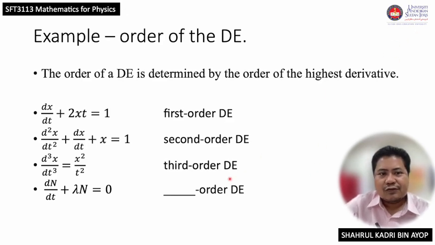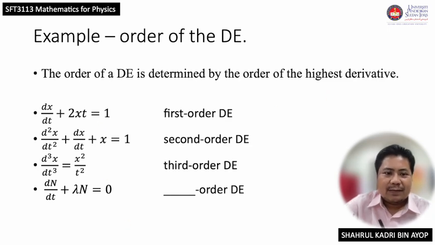Okay, let's look at examples of differential equations, which we can recognize by their order. The order of a differential equation is determined by the order of the highest derivative in the equation.